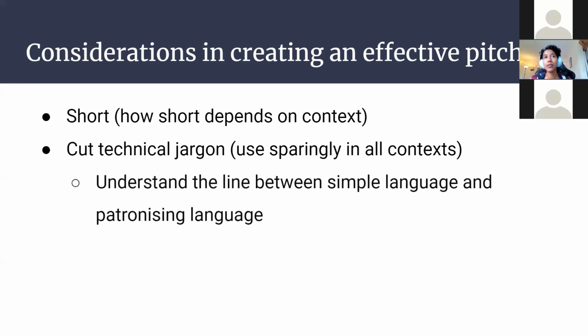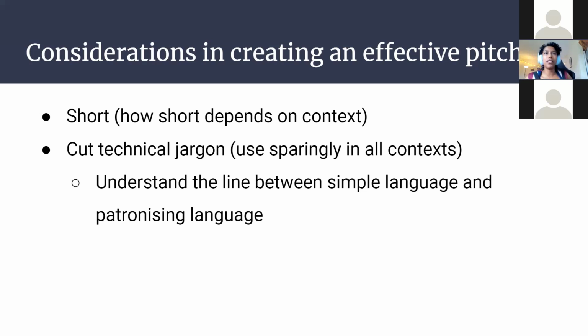But I really do want to emphasize that you need to understand the line between using simple language and using patronizing language. So oftentimes when you're speaking to a general audience that's non-scientific, I do understand the tendency to want to oversimplify what you're saying. And you want to be careful that you don't take on a babying tone almost with people.